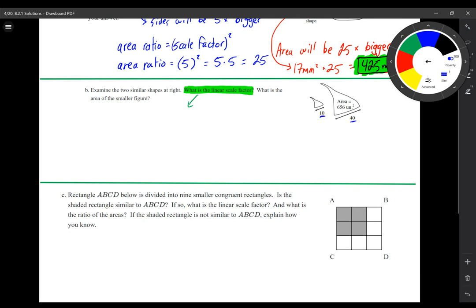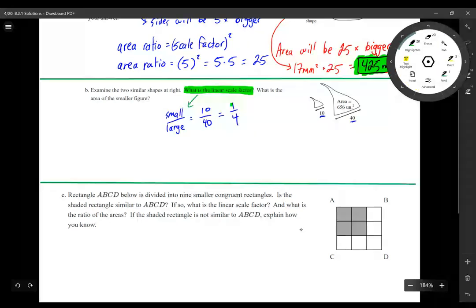So there are 2 different ways that we can answer it. We're going to go with the 10, so small over large, which means 10 over 40 units, which means that the scale factor is 1/4. So that's actually our final answer for the scale factor.